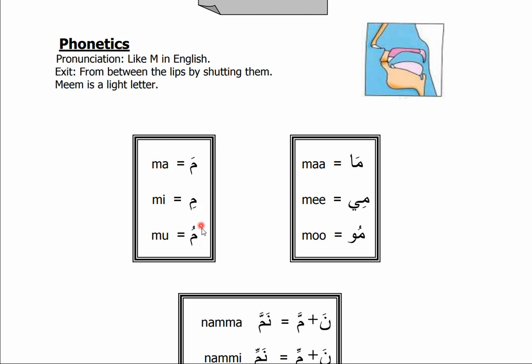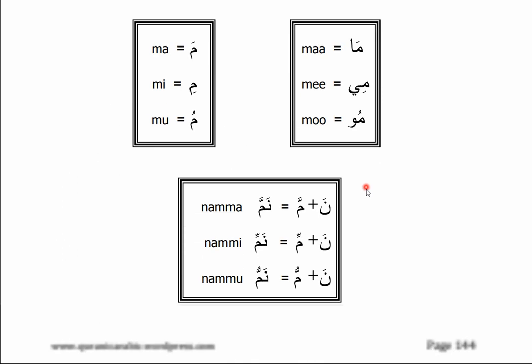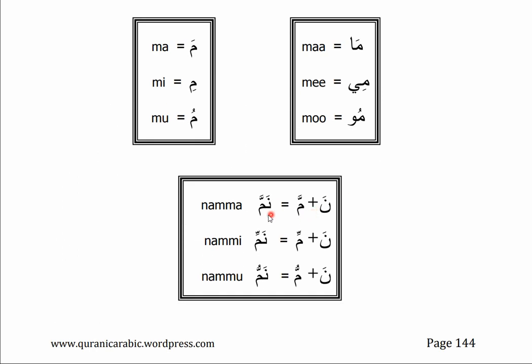So all these are with the three short vowels, and you can see with the long vowels with the haraka. And now you can see the letter with the shadda, which means the Mim is pronounced twice, once with the sukoon, the other with the fatha.